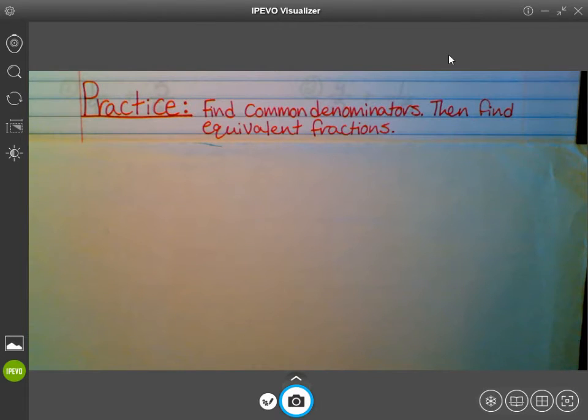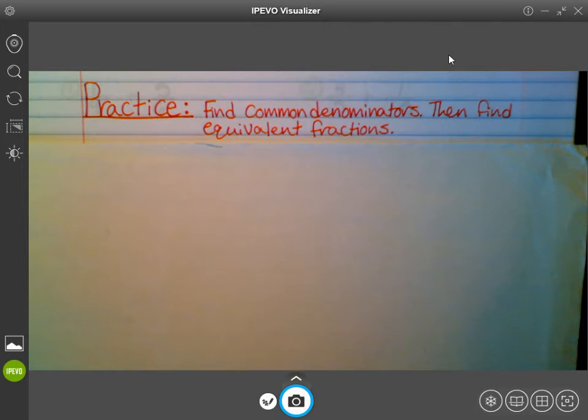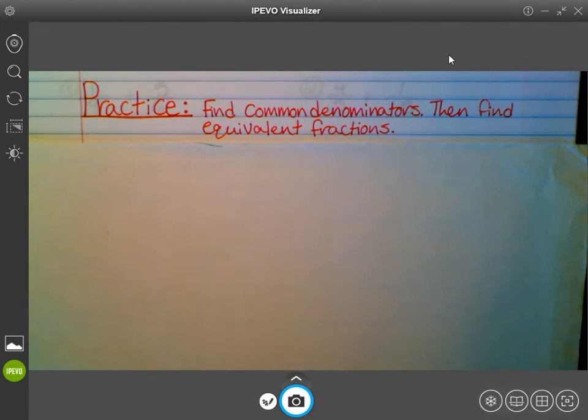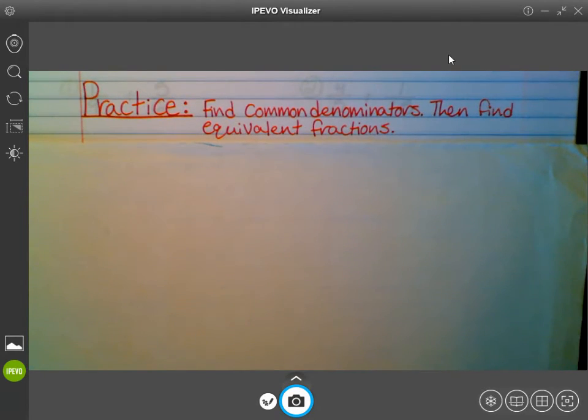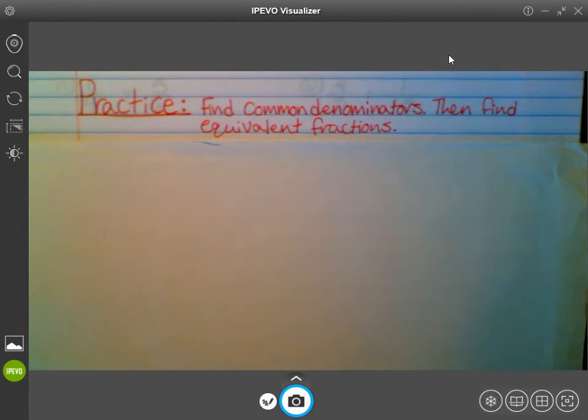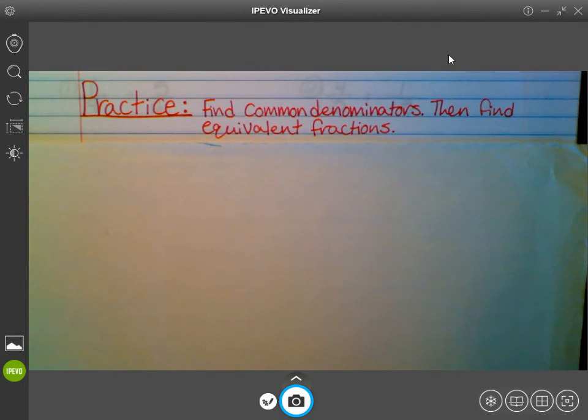However, when we correct homework, I will always be showing you the results with the least or smallest common denominator. So that's why you want to make sure you're taking your time to find the smallest one. So for practice, we're finding the least common denominator. Then we're finding the equivalent fraction. So exactly what we just did, 1 through 3.